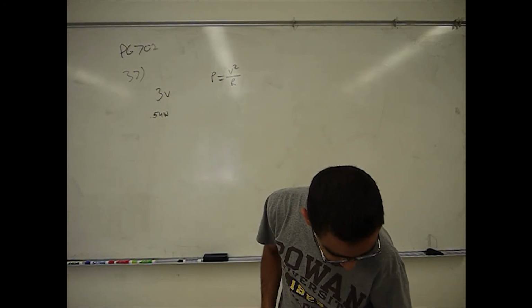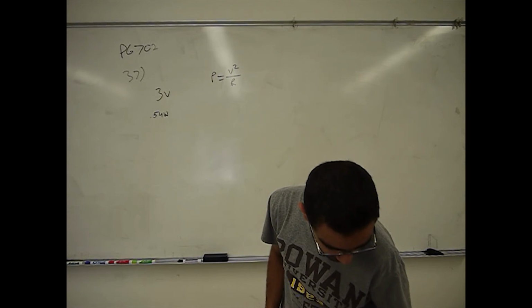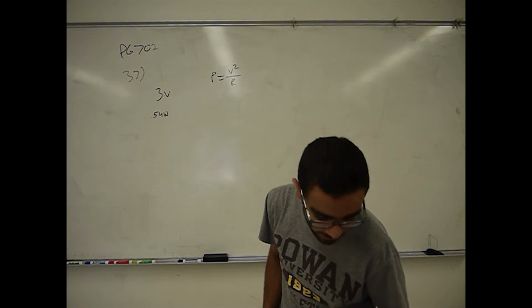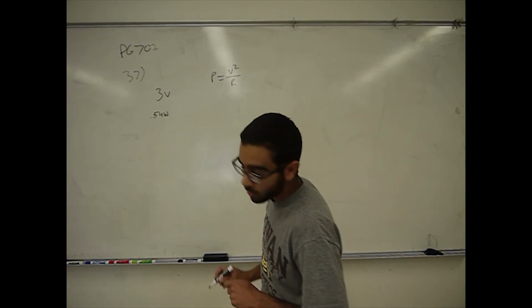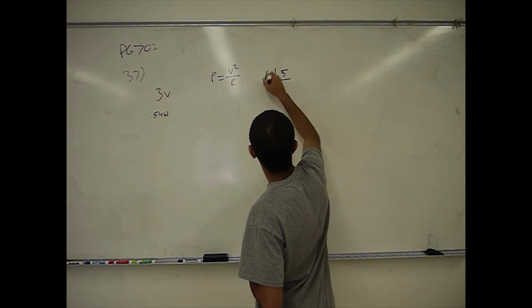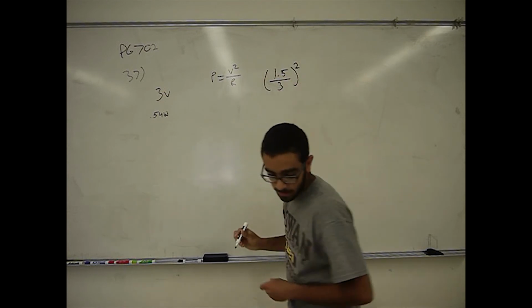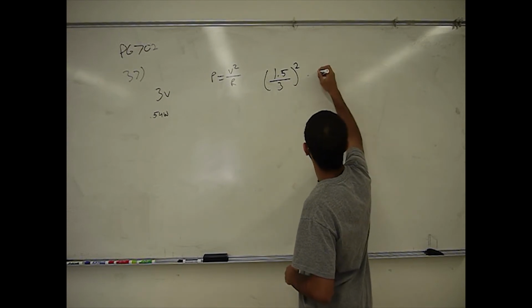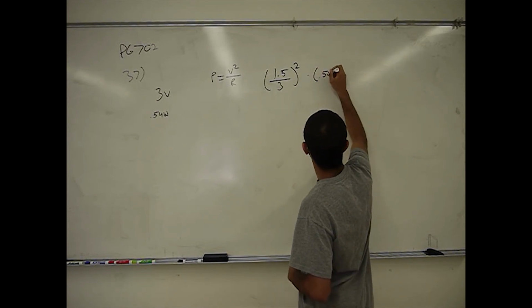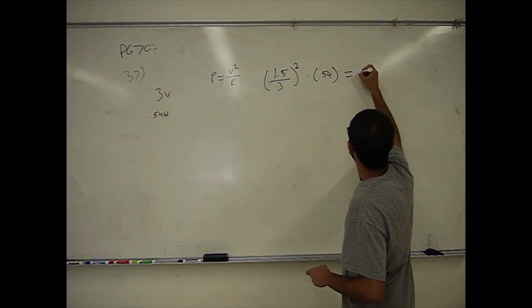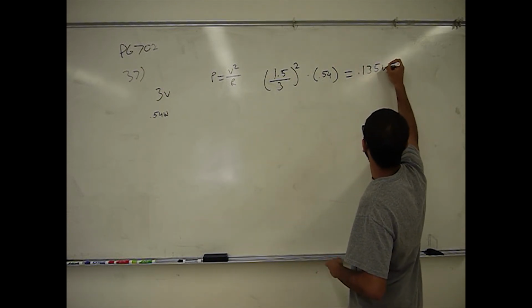We have the 3-volt battery, and the terminal is a 1.5 volt battery. So we do 1.5 over 3, square that, and then you multiply by 0.54. Then you get 0.135 watts.